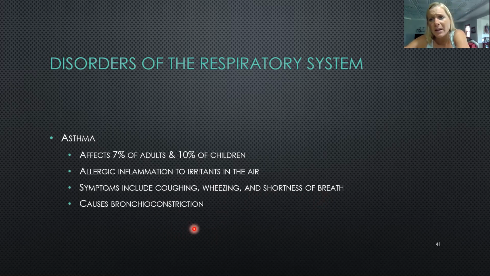Treatments for this, we can give you an albuterol inhaler. And basically what the albuterol inhaler does is it prevents bronchoconstriction. It's going to activate receptors that are located in the bronchial tubes, and that allows them to vasodilate against the orders of whoever told you to bronchoconstrict.